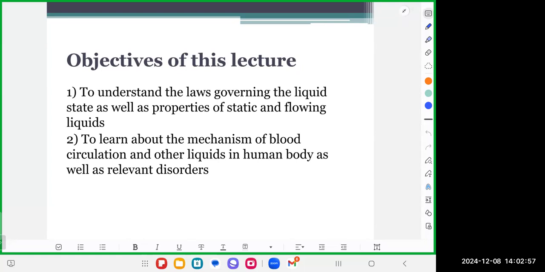And the second is the mechanism of blood circulation and other liquids in the human body. So it's the application of the liquid and the idea of this to the human body.